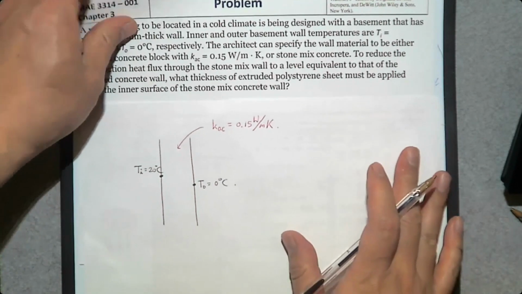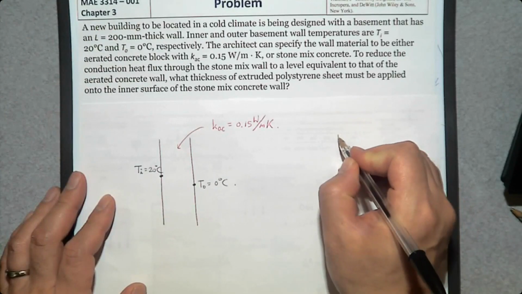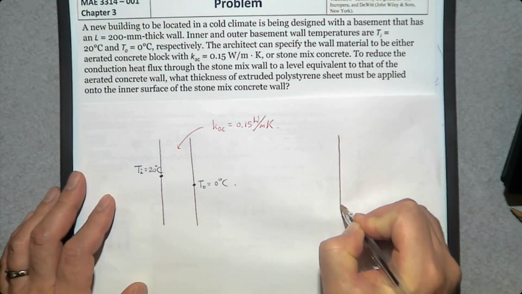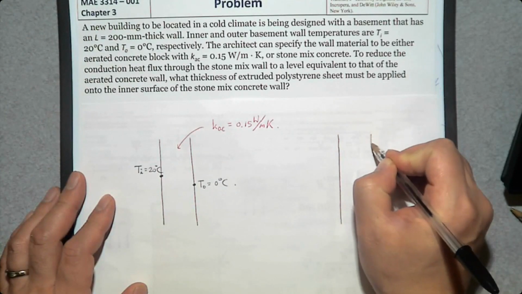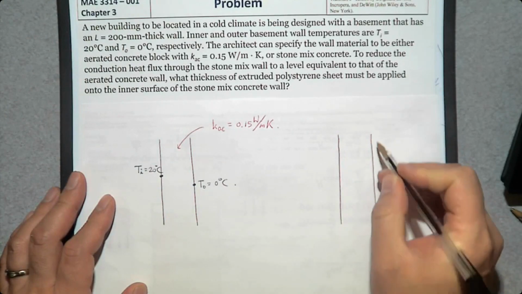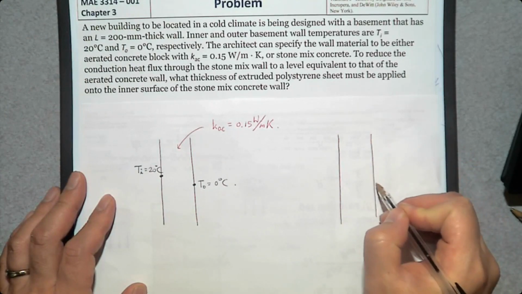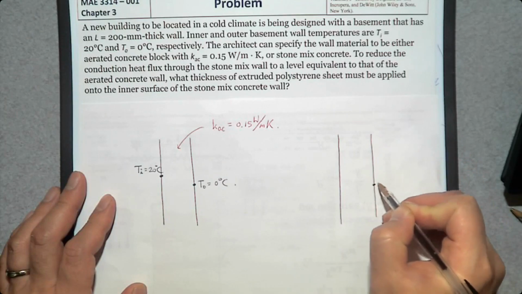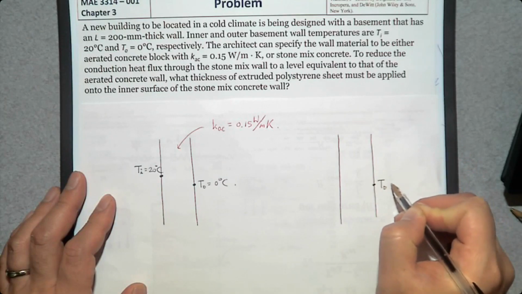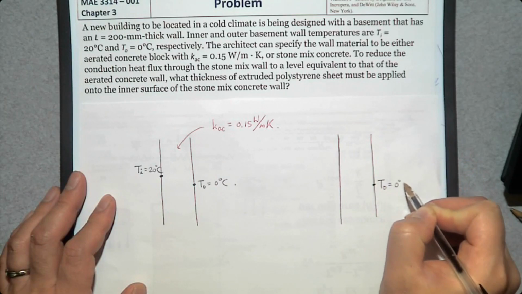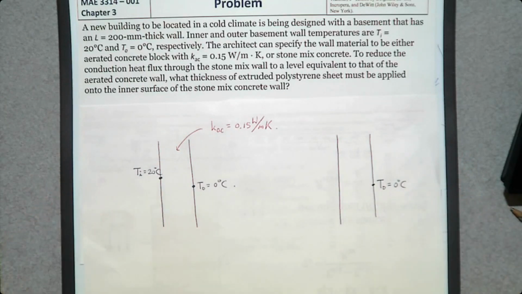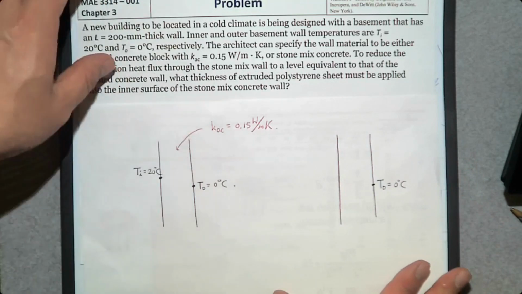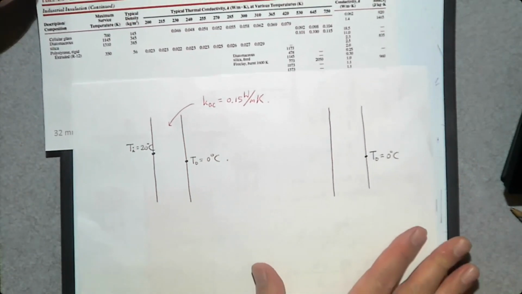So what we are going to do is make this wall cheaper with a stone mix concrete. But this time, if we use a stone mix concrete, its thermal conductivity is going to be higher than this aerated concrete block.